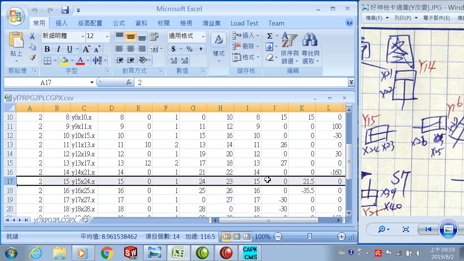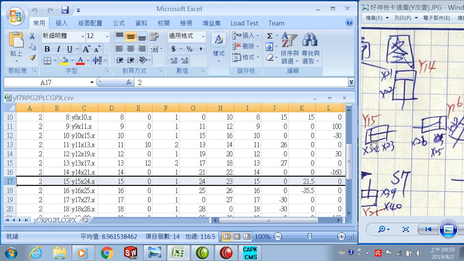while the Y16 definition is the lower limit sensor S25, the upper limit sensor S26, actuated by Y16 opened. The moving distance is minus 35.5 millimeters, downward along the negative Z direction.